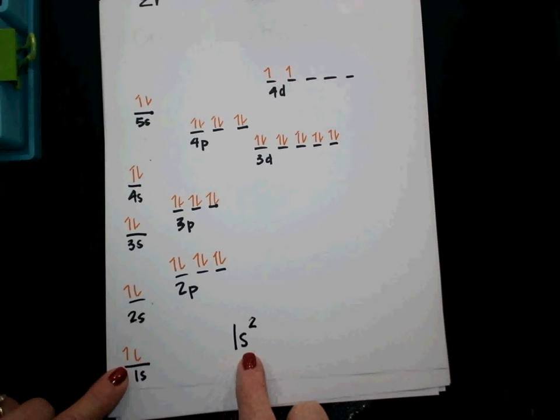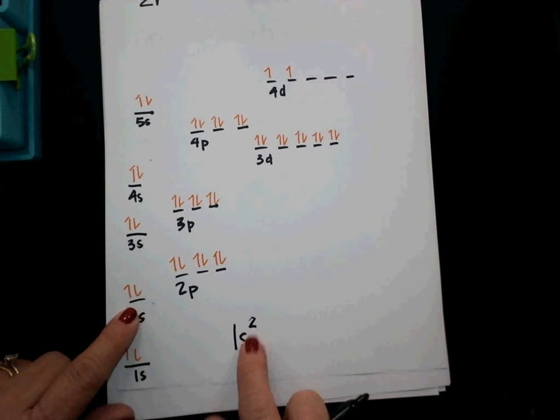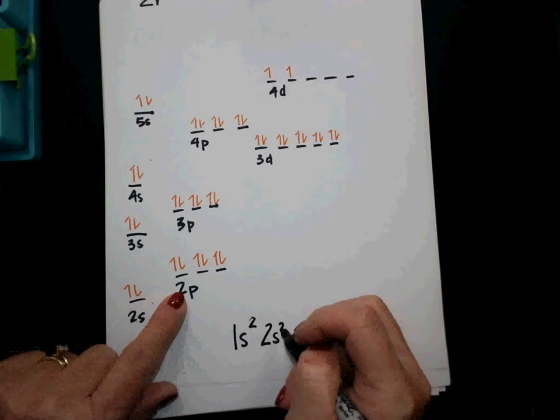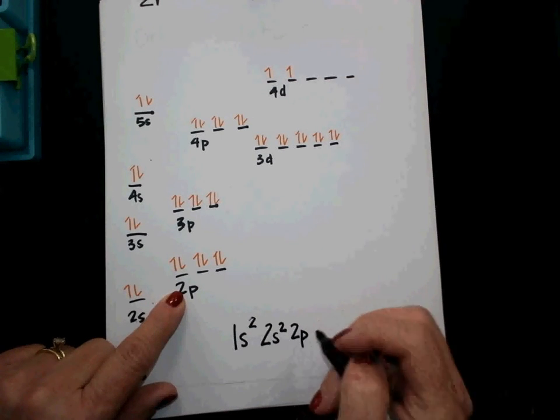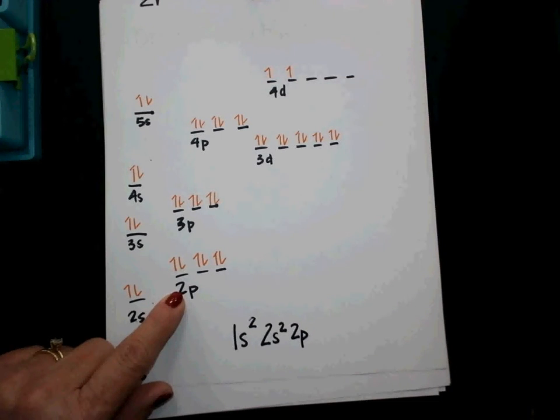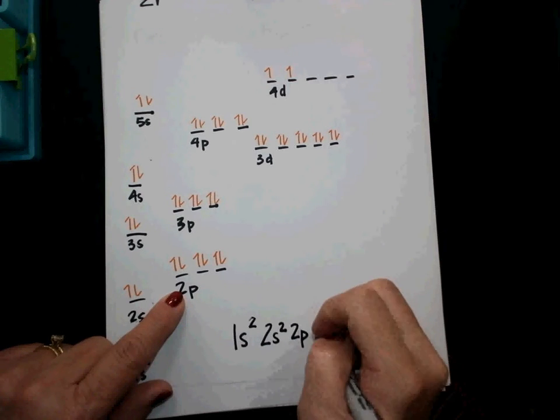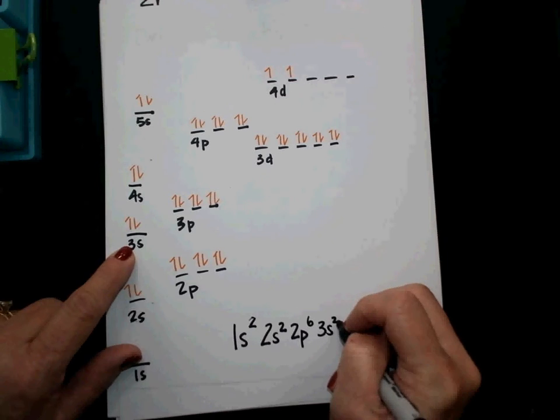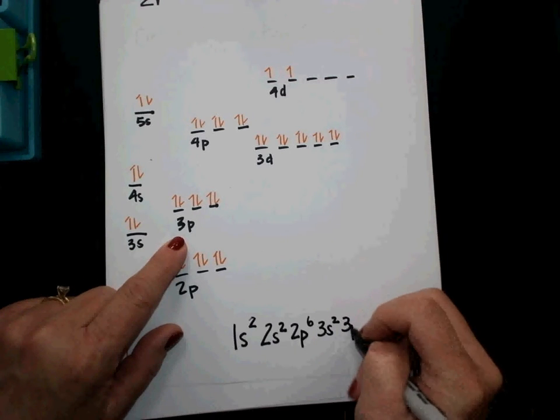So I write 1s2, and that tells me I'm in the first energy level, the s sublevel, and there are 2 electrons present. Then I move on up in the order of filling: 2s2, 2p, what am I going to put with p? 6, yeah.